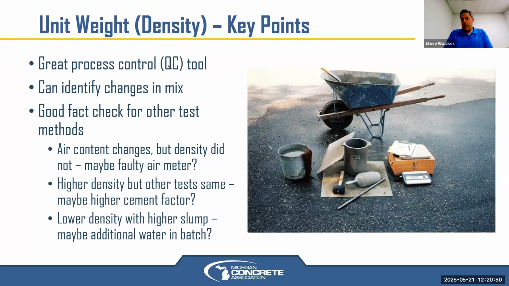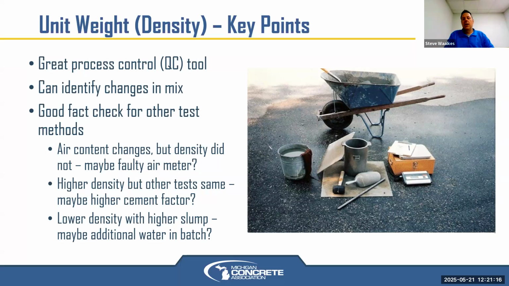It's not required in every specification. It's not typically done as a QA or acceptance type of test method, but it is a very good thing to use for quality control because it can identify changes in the mix and variability in the proportioning of a particular batch. It also helps when you have consistent unit weight numbers but some of your other numbers are changing, to determine which one is the correct test.